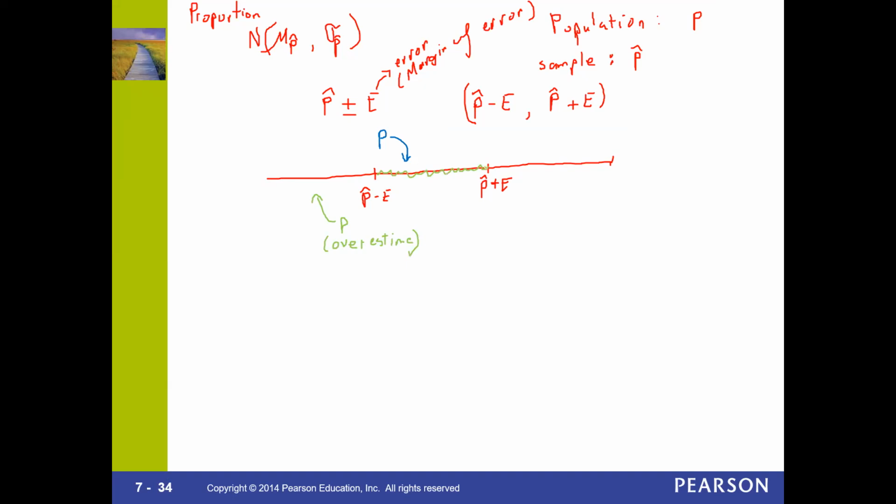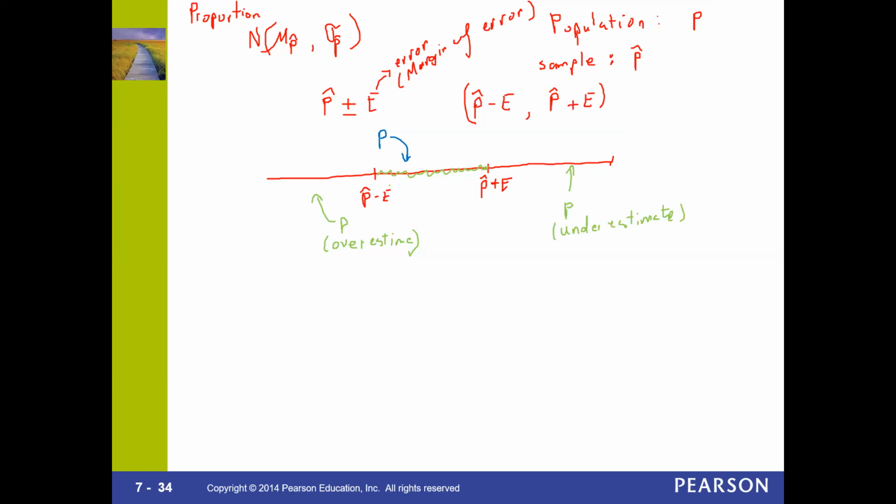And if P falls over there, then that means I underestimate, because P is below it.